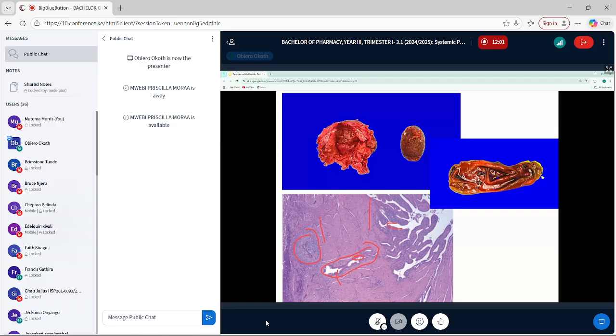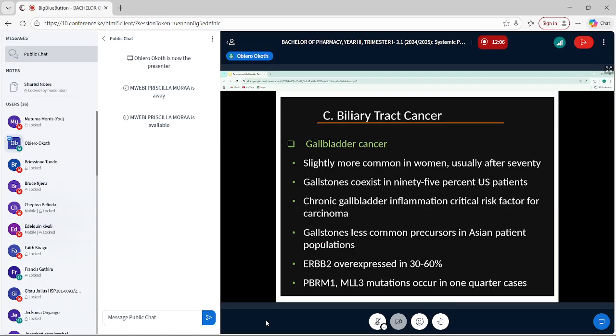Now, gallbladder carcinomas are again slightly more common in women because of the relationship to gallstones, usually after 70 years. I've seen them in much, much younger people, even a 32-year-old.